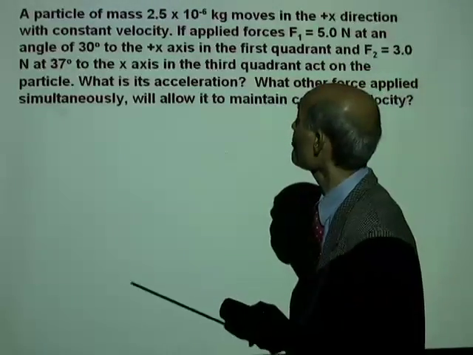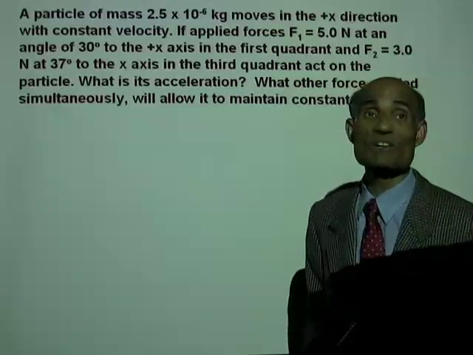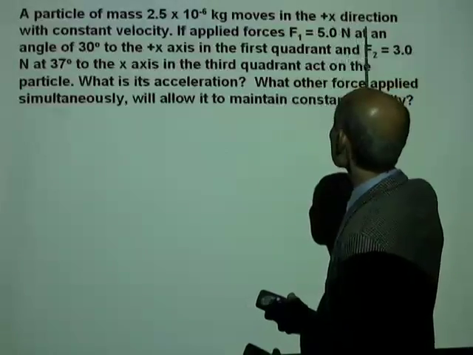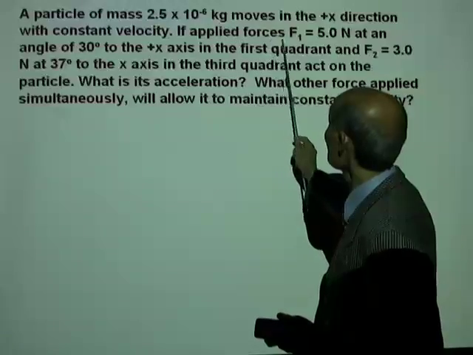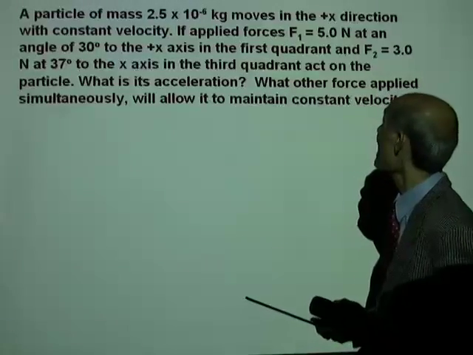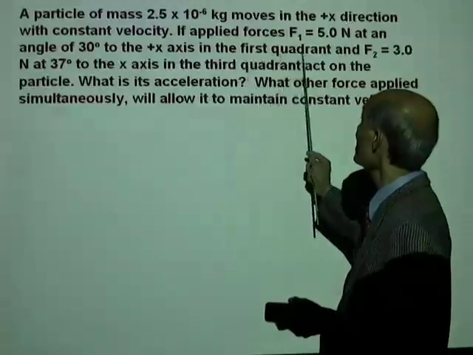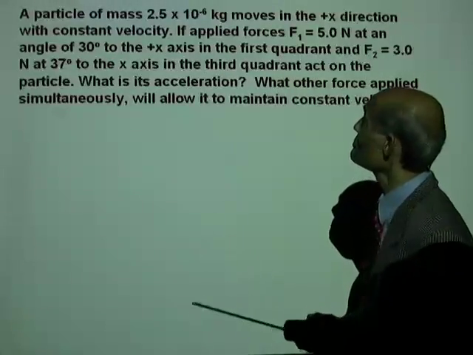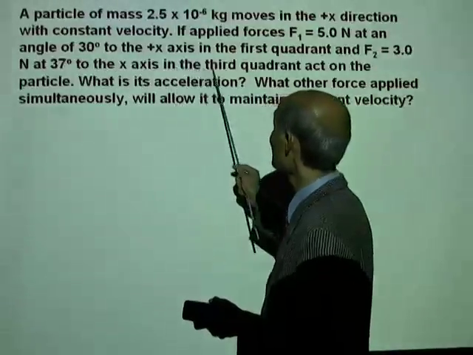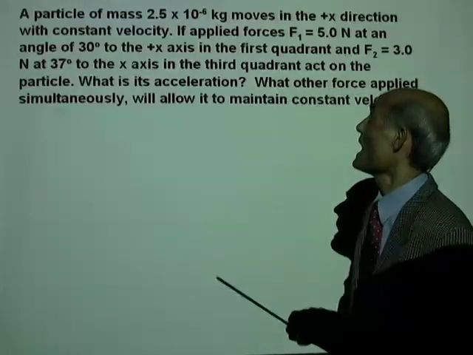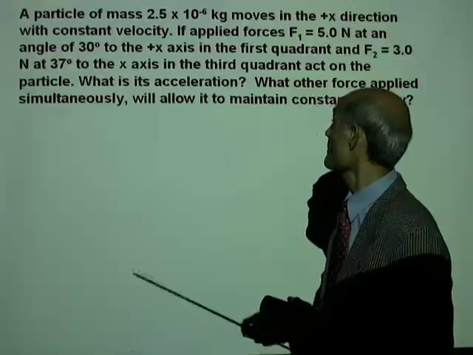Okay, let's do another one. A particle of mass 2.5 times 10 to the negative 6 kilogram moves in the x direction with a constant velocity. If applied forces F1 equal to 5 Newton at an angle 30 degrees to the x-axis in the first quadrant, and F2 equal to 3 Newton at 37 degrees to the x-axis in the third quadrant, act on the particle, what is its acceleration?